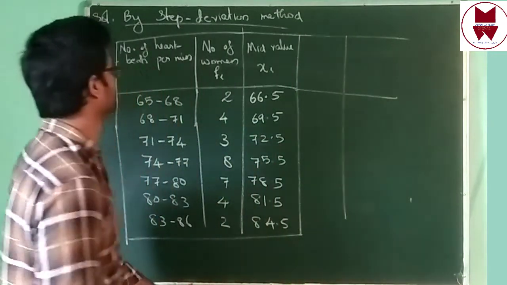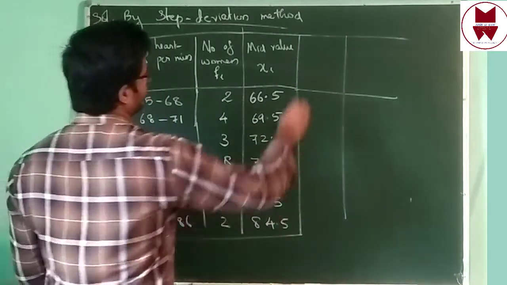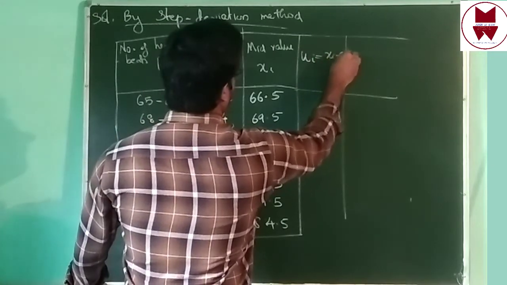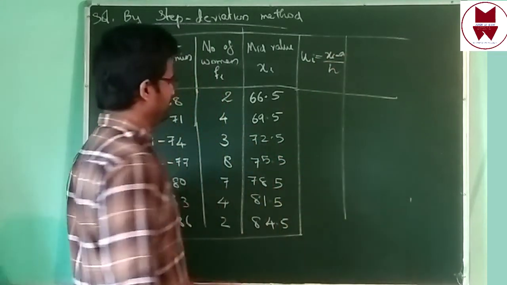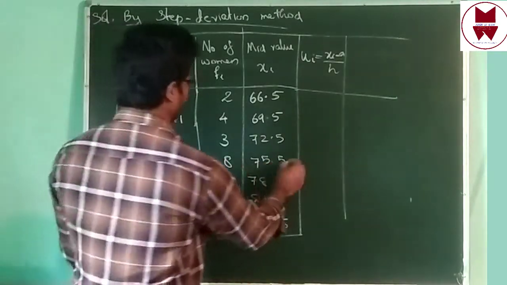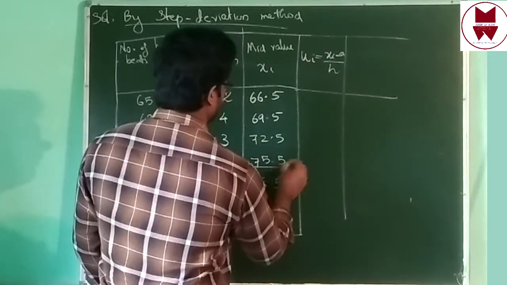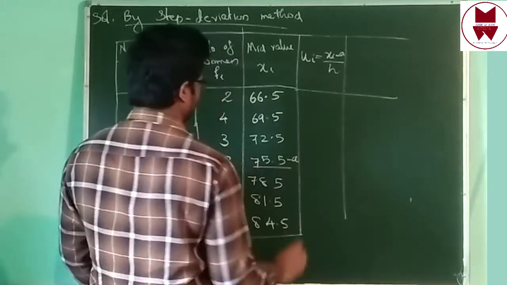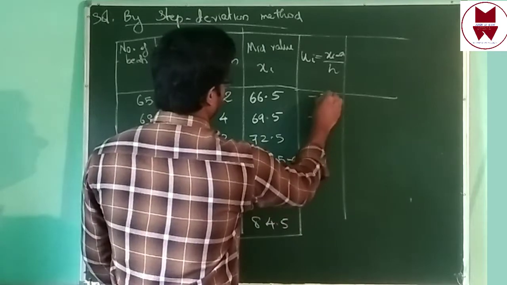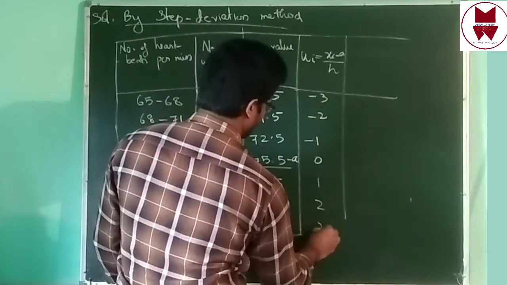Then now we need ui. ui equal to xi minus a divided by h. Which number will we take as a? Your wish, you can take any number. I am going to take 75.5. That is a. Then that will be 0. Then upside minus 1, minus 2, minus 3. Downside 1, 2, 3.